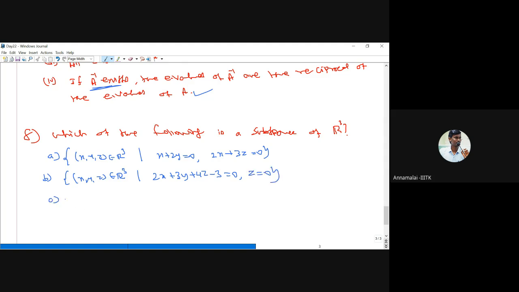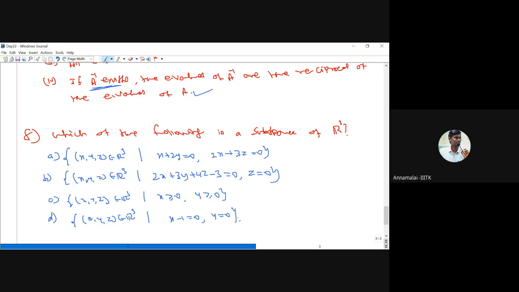The third one is the set of all (x, y, z) in R3 such that x is positive or 0 and y is also greater than or equal to 0. And the last option is the set of all (x, y, z) in R3 such that x minus 1 equals 0 and y equals 0.